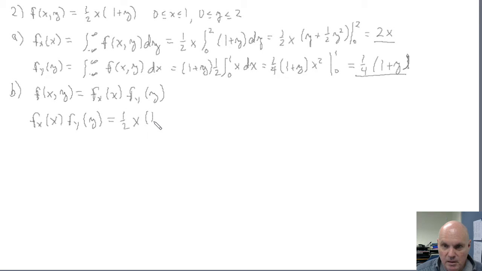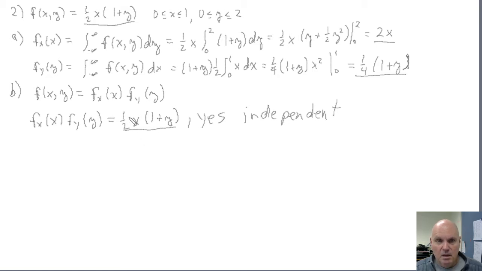Then I'm left with x and (1 plus y). So the product of the marginals is equal to 1/2 x times (1 plus y), that is equal to the given PDF. So in this case, the answer is yes, they are independent. And again, the reason is that the joint PDF is equal to the product of the marginals.